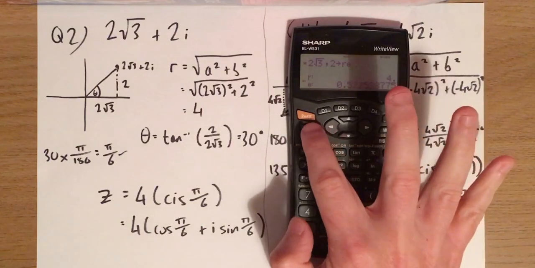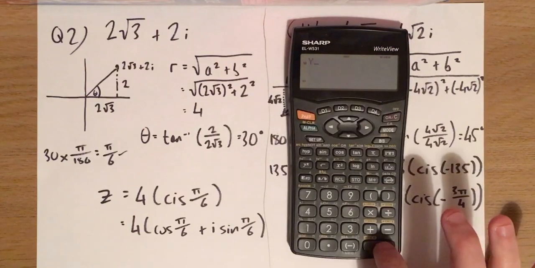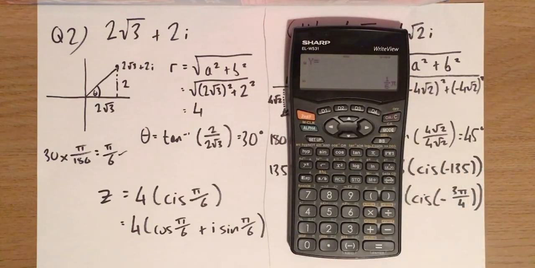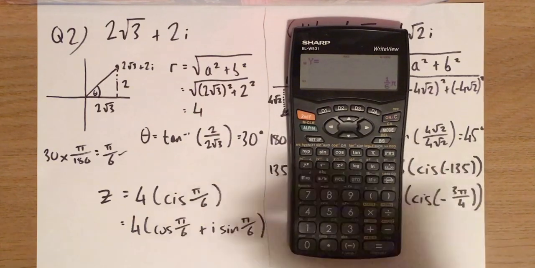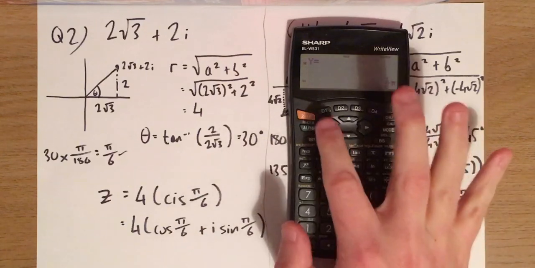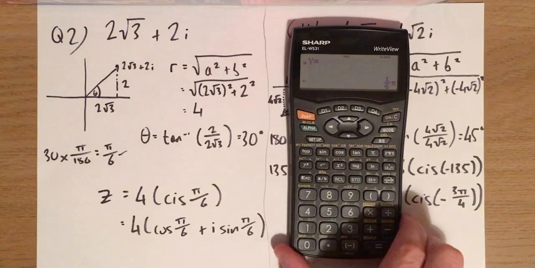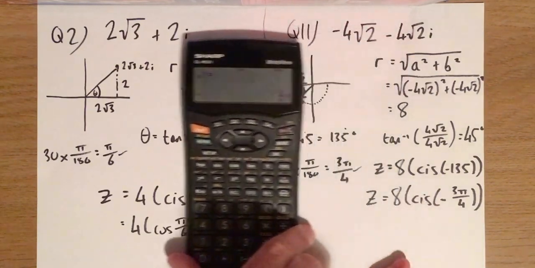So if I do alpha STO, a Y comes up, and then just equals, and I get the 1/6 pi, or pi over 6. So I don't need to mess around with squaring and square rooting like I did with the modulus. Once you ask it for Y, it cops onto itself and gives it to you in that form rather than as a decimal.